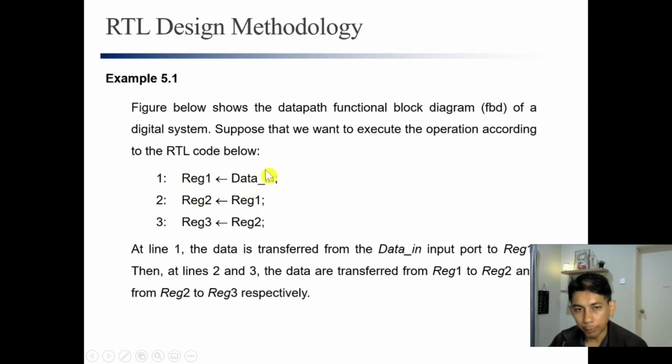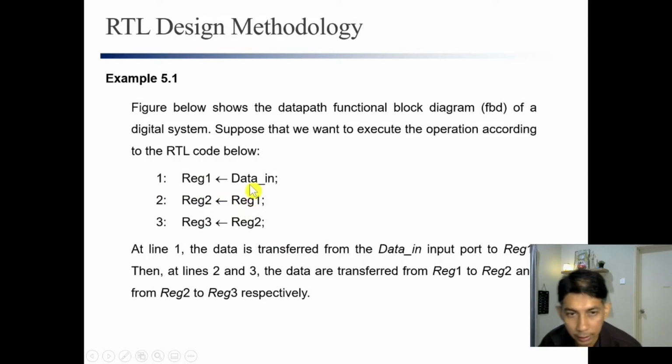The operation is the move operation. We move data from here to register 1, move data from register 1 to register 2, move data from register 2 to register 3. That is the operation that we perform on the data. And this is the sequence. Number 1, we do this. Number 2, we do this. And number 3, we do this. So the operation is easy.